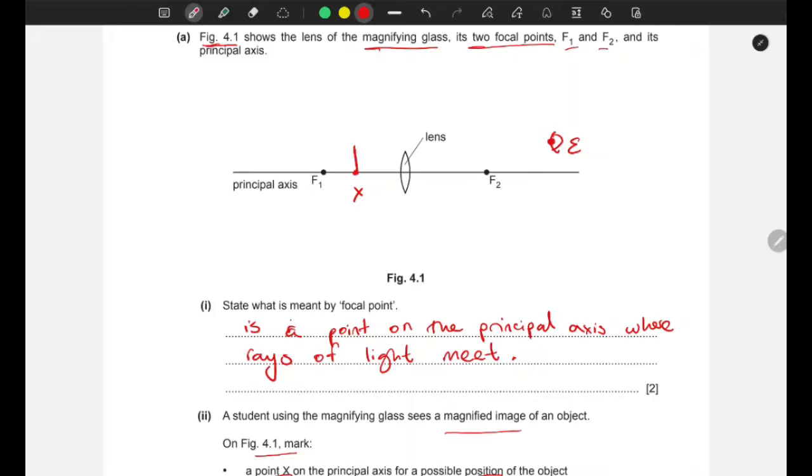So what happens is we can draw ray diagrams. The first one is supposed to go through the center of the lens, and the next one is supposed to pass through the focal point. It goes horizontal until the lens and bends to pass through the focal point.